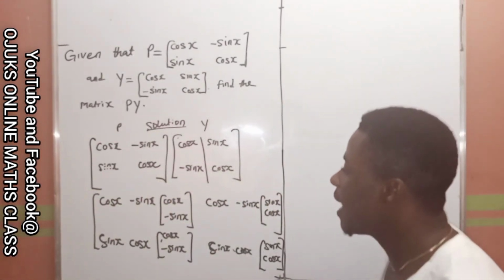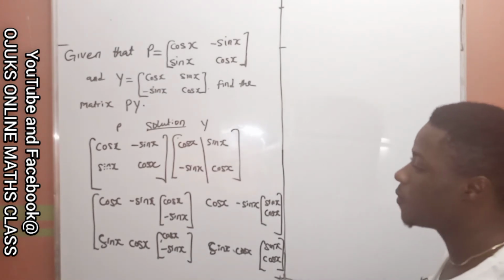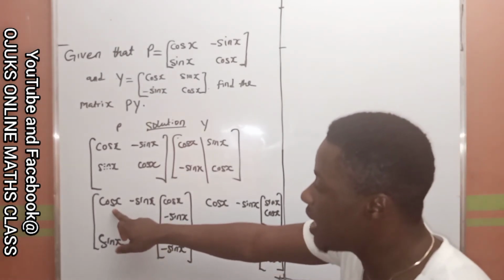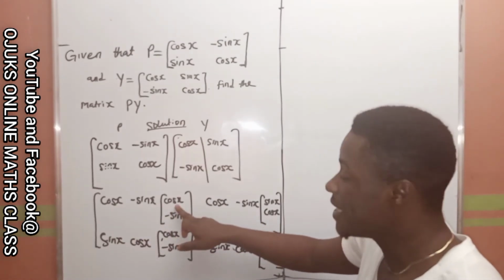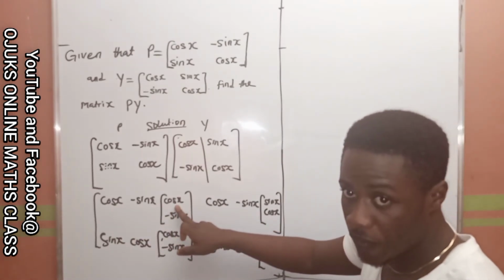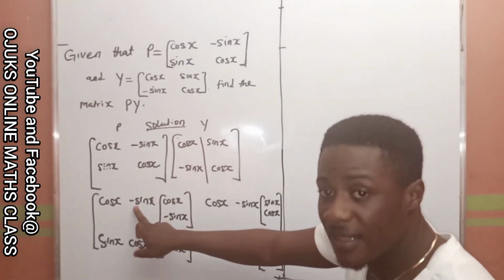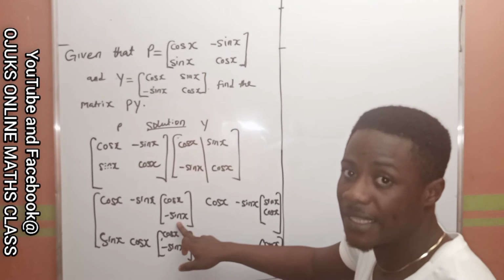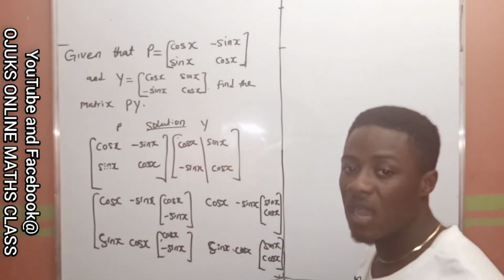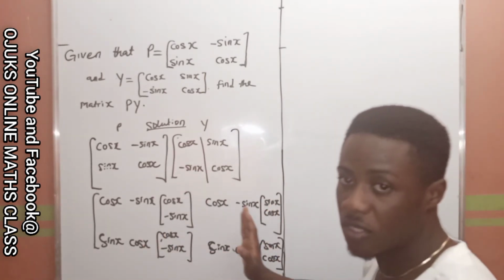How do you do the multiplication here? It's very simple. The first element in the first row will multiply the first element in the first column, plus the second element in the first row multiplying the second element in the column. That's how we'll do it for all the multiplications involved.